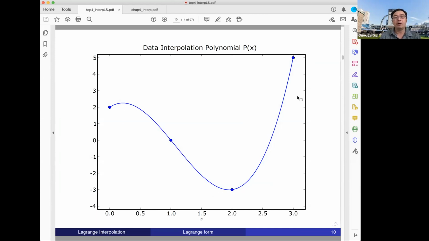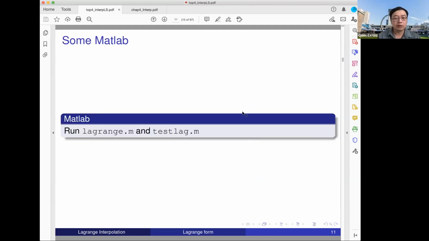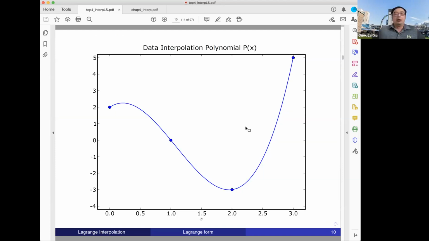Before, you had only 4 points and 4 values, and now you have a whole curve that goes through the 4 points exactly. We call it interpolation. Any question about this one? Very nifty: you don't have to solve a linear system.